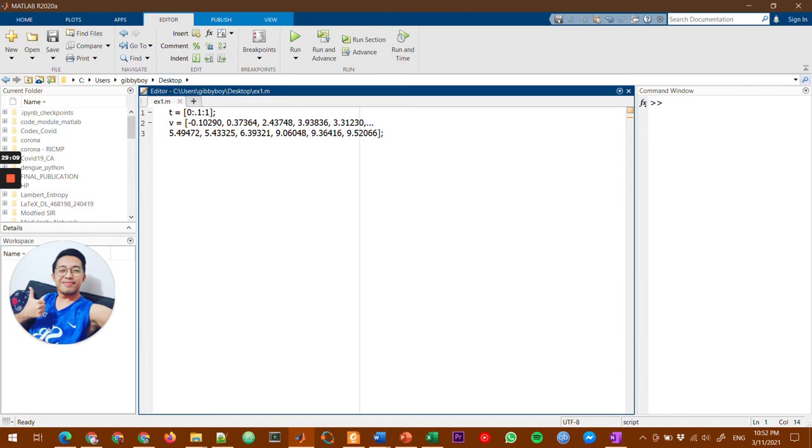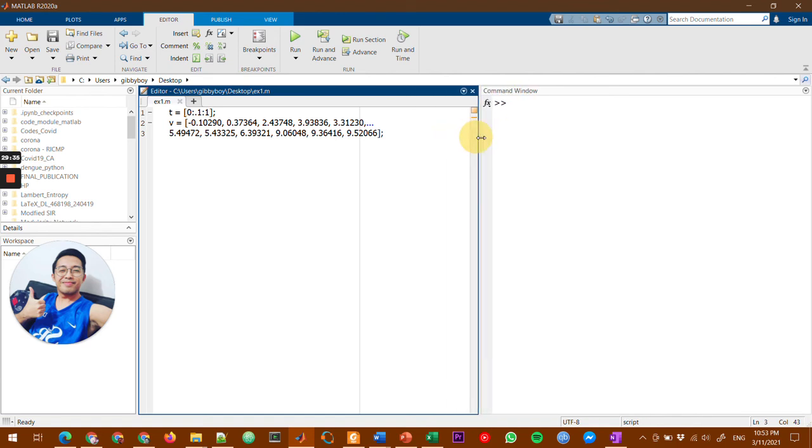This is just a row, but it should be a column vector, so in this case I entered it as a row. We have 0.1 and so on. This is a continuation of that, so you connect them. If the equation is long and you want to continue it, you break it.